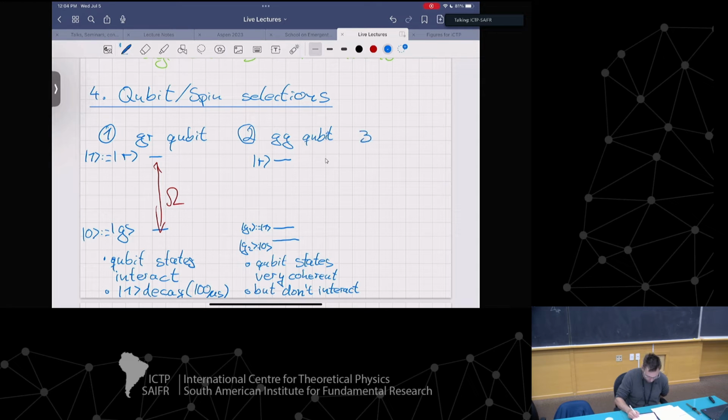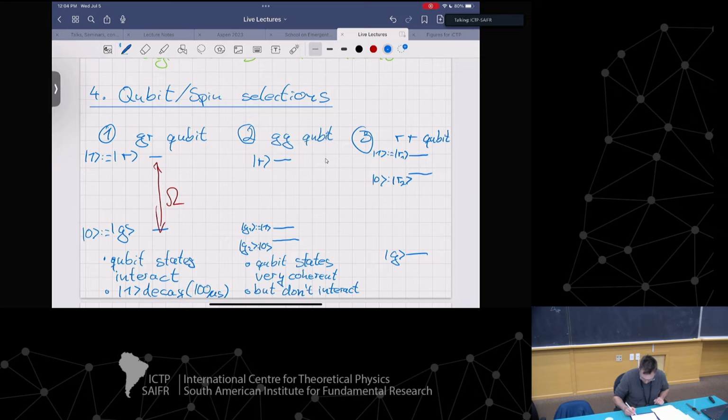And then number 3, people call the Rydberg qubit. And here you take several Rydberg states, and okay, you probably start in the ground state down here.